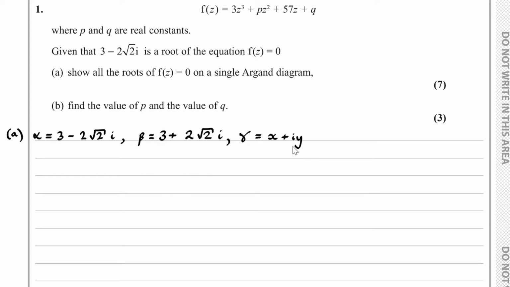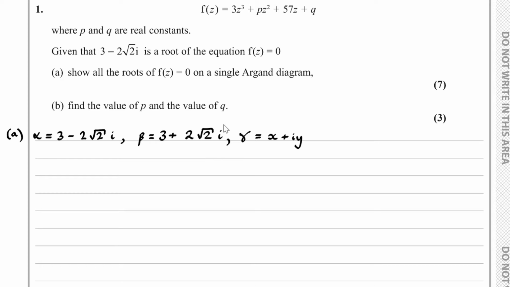We don't know x and we don't know y, but we can find out x and y by considering the sum of the roots, the pair sum of the roots, and the product of the roots.